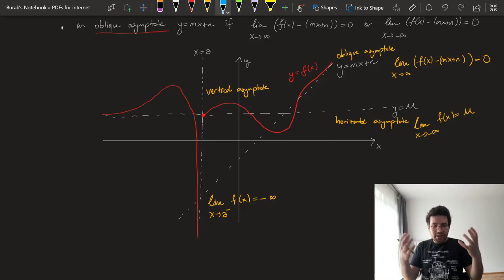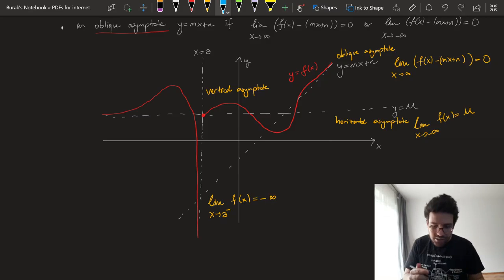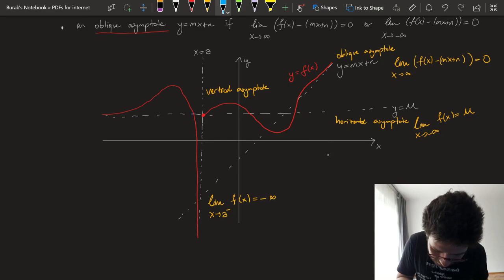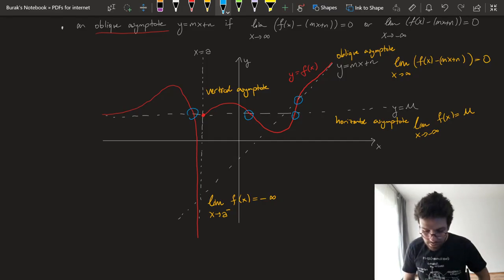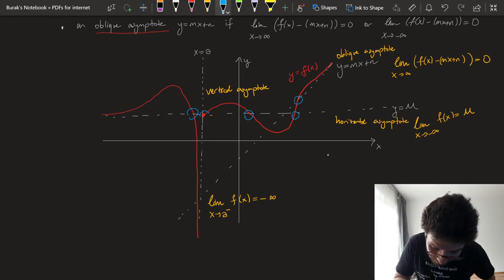And students tend to think that the graph should not intersect the asymptote. This is not the case. As you can see, this graph intersects these asymptotes at many places. At these 4 places, actually 5 places.